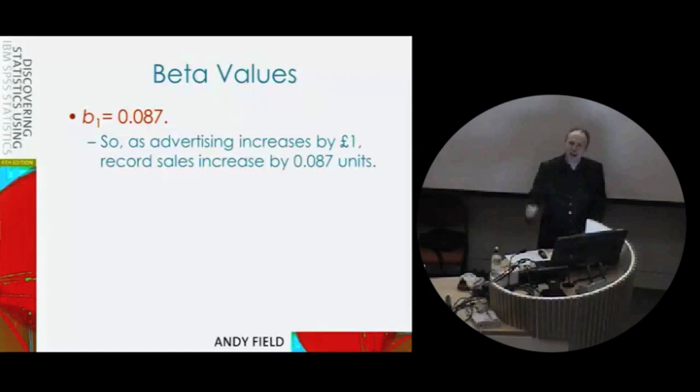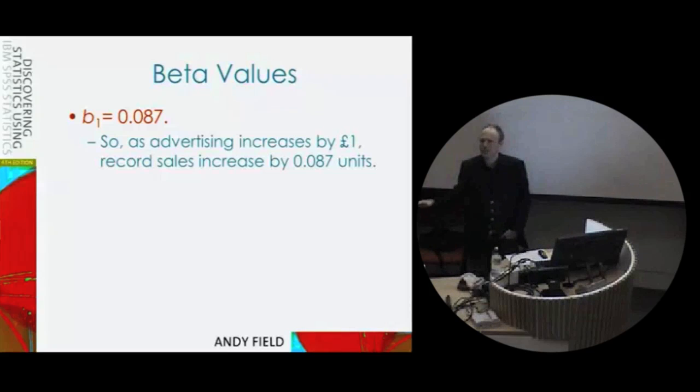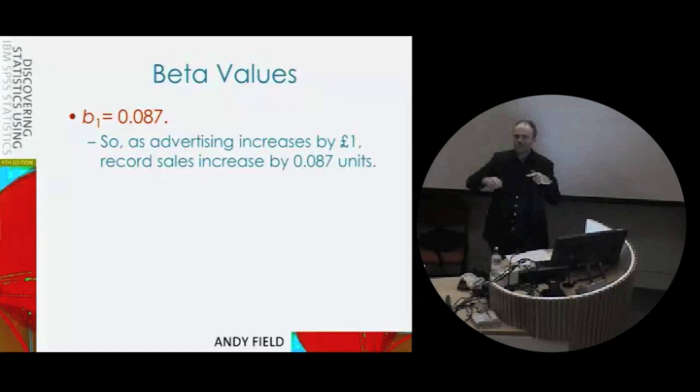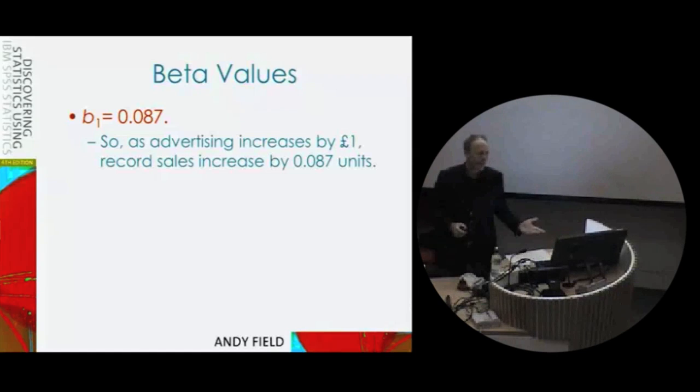In other words, for every £1 we spend on advertising, we'll sell an extra 0.087 of an album. In other words, not a lot at all. In fact, if you flip that on its head and work out how much you would need to spend to sell one album, it works out about £11.50 or something like that.